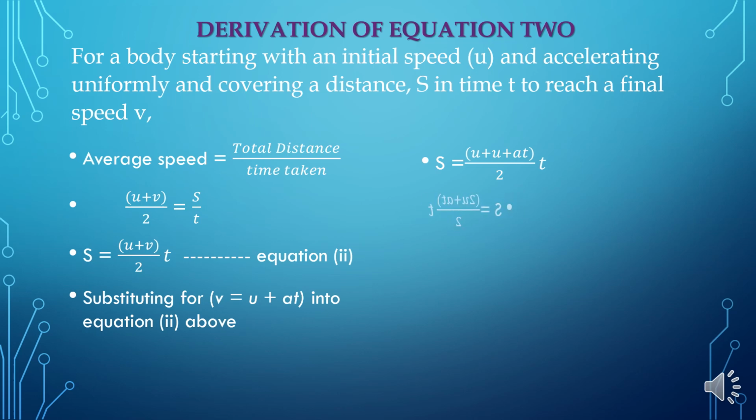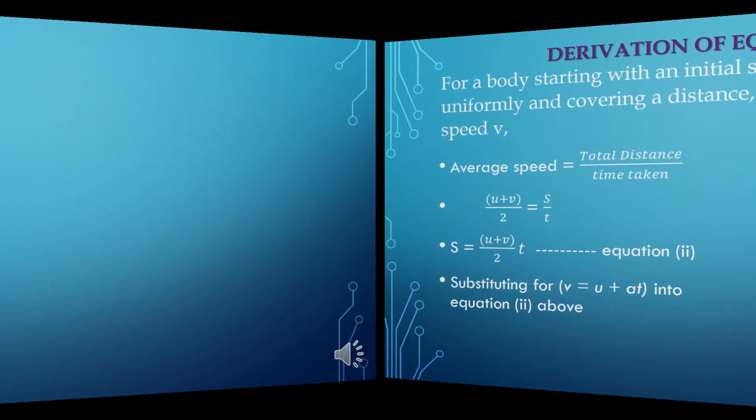And when you evaluate, you are left with this. And therefore s is equal to ut plus at squared over 2. This is by expansion. When you factorize this out, you have this.